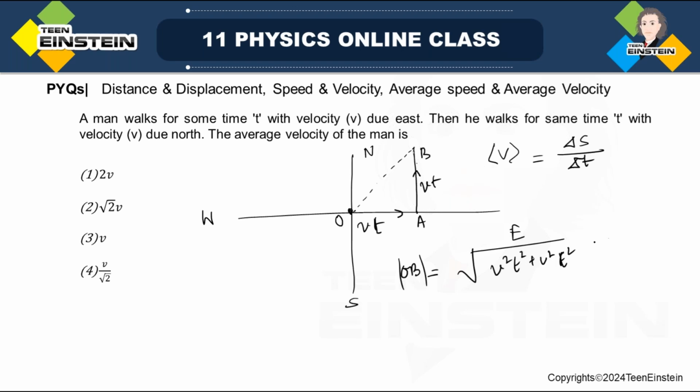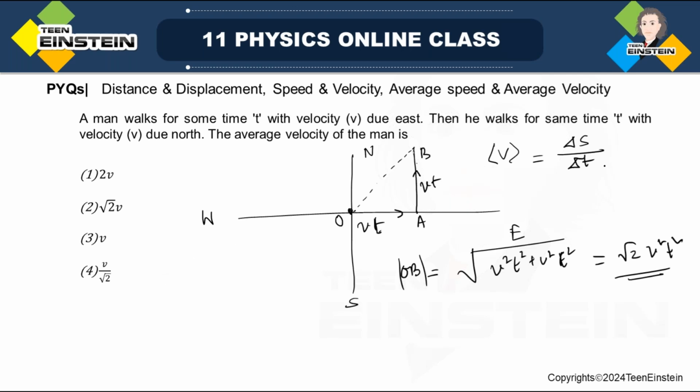Okay, so this is OB distance. So this is actually displacement. I have to find out what is the time interval. So this is t, this is t. So total 2t.